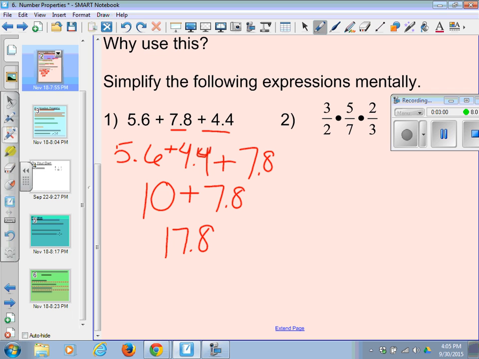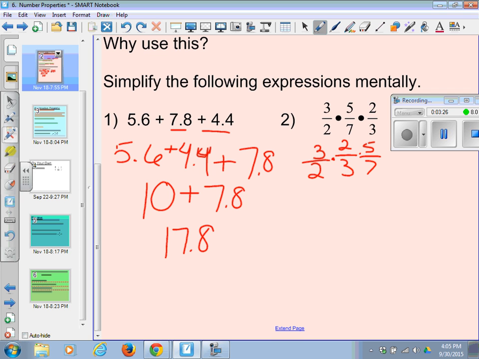If we go over here and use our commutative property on number 2, we can change these around. We'll stick with our 3 sevenths times. What would be the best one to put next? Well, I think it's easier to put 2/3 times 5/7.